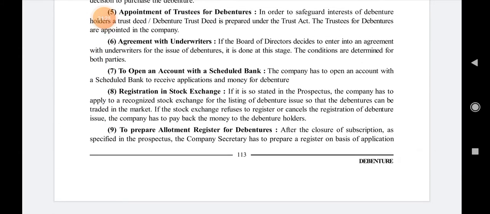If it is so stated in the prospectus that the company has to apply to a recognized stock exchange for the listing of the debenture issue, so that the debentures can be traded in the market.